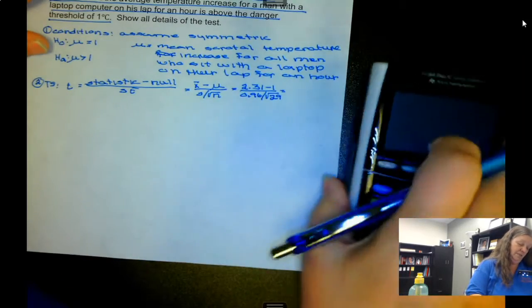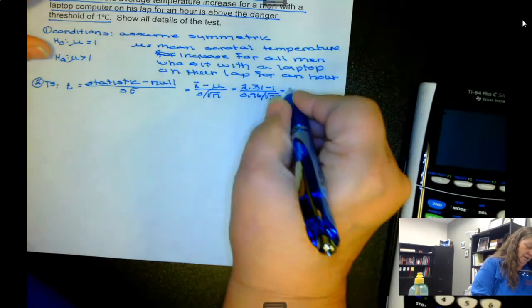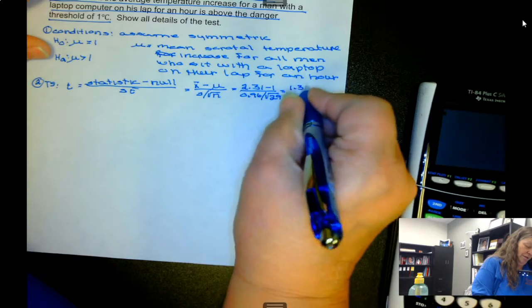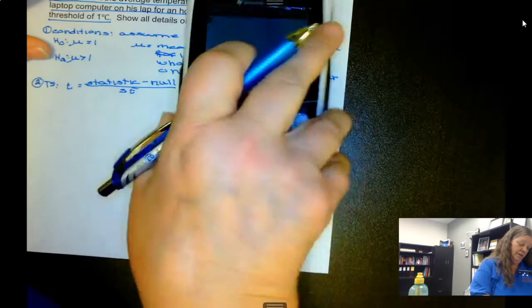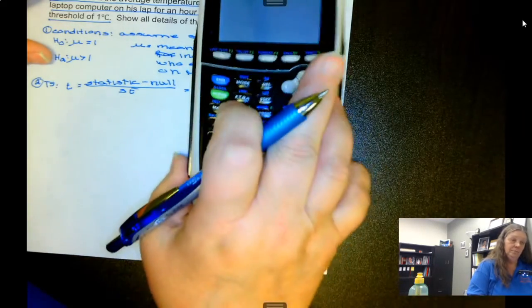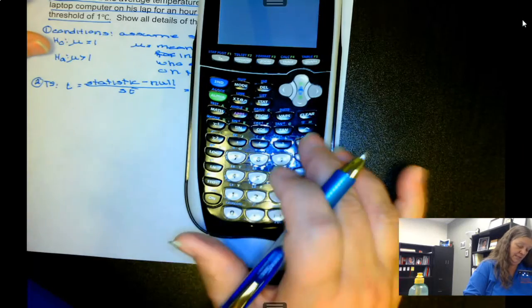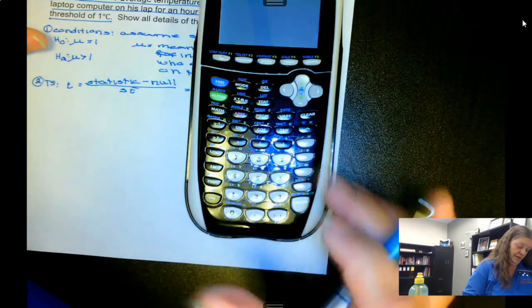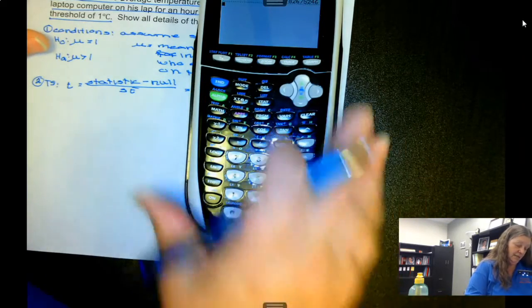And this gives us 1.31 over 0.96 divided by square root of 29, which is 0.178.